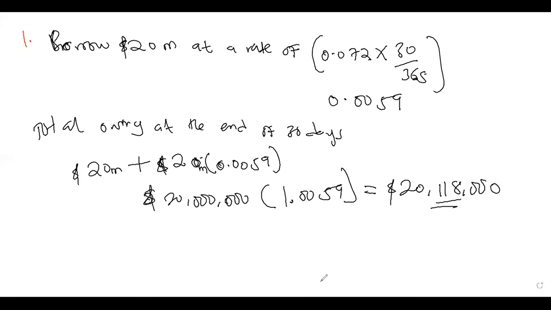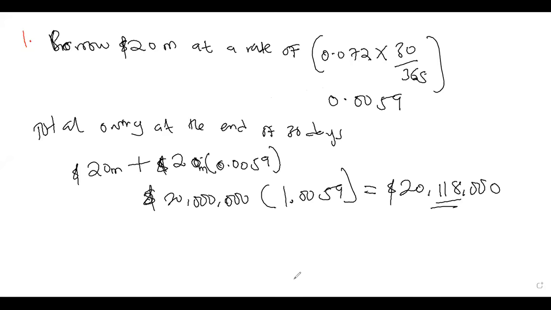20,118,000. Now, the question we must ask ourselves, therefore, is we have borrowed this, okay? Number 2, we borrowed 20 million. Number 2, we are going to lend this 20 million to New Zealand, or we are going to invest it in New Zealand, because we borrowed the money from the US, all right?